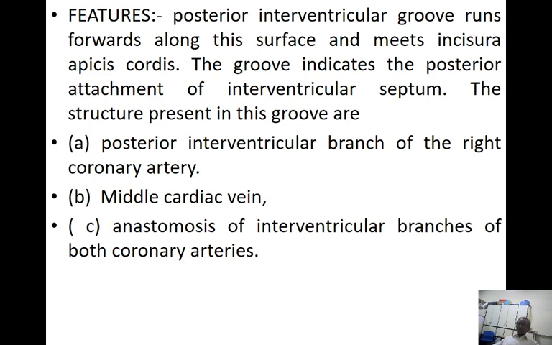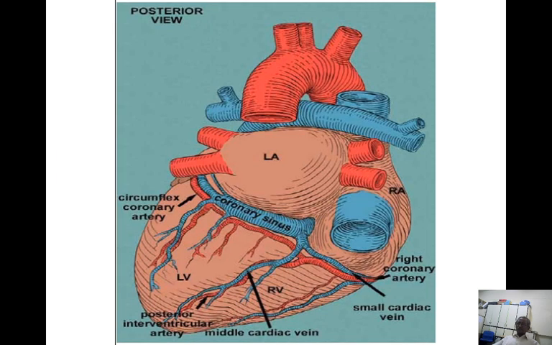The structures present in the groove are the posterior interventricular branch of the right coronary artery, the middle cardiac vein, and the anastomosis of the interventricular branches of both coronary arteries. So this is the posterior interventricular groove, wherein we have the posterior interventricular artery and, of course, the middle cardiac vein, and this is reaching the inferior border.